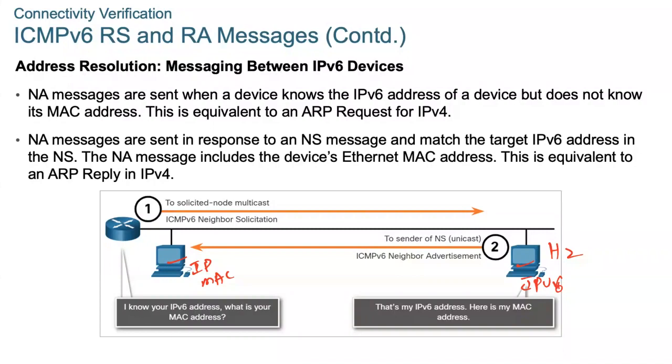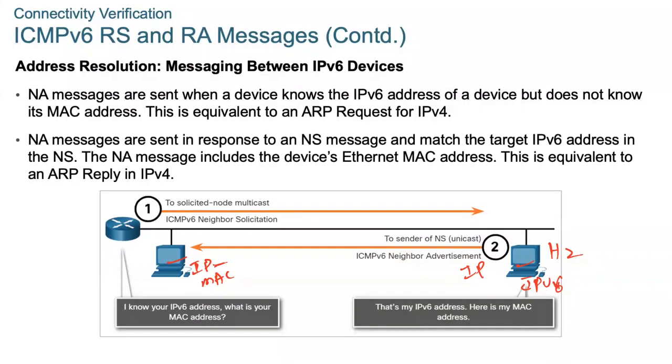And upon receiving that, every host tries to compare their IP addresses. So host 2 is also trying to compare the IP address of the packet. If it is matching, then the host can respond, yeah, that's my IP address and here is my MAC address.